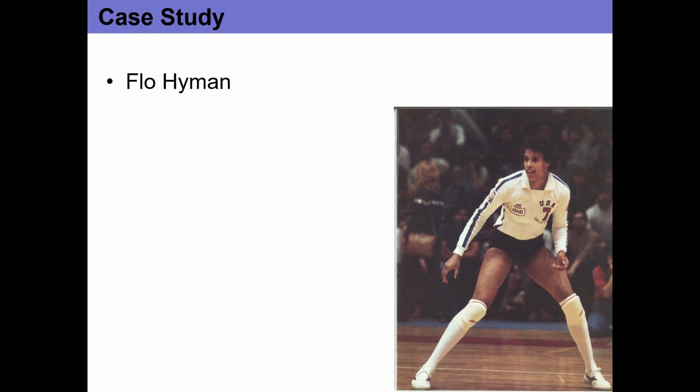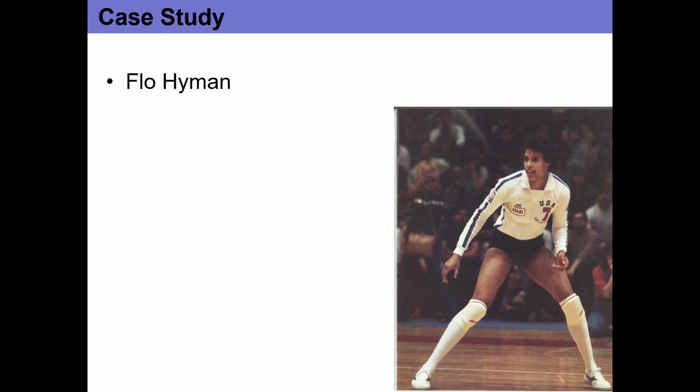And while she's sitting on the bench, she collapses, doesn't say anything to anyone and just collapses on the bench. So medical staff hustles over and they attend to her. And when they arrive at her side, they find that she has no pulse, and then she stopped breathing shortly thereafter.